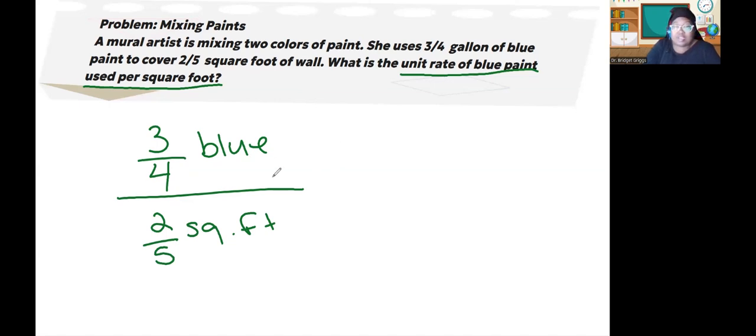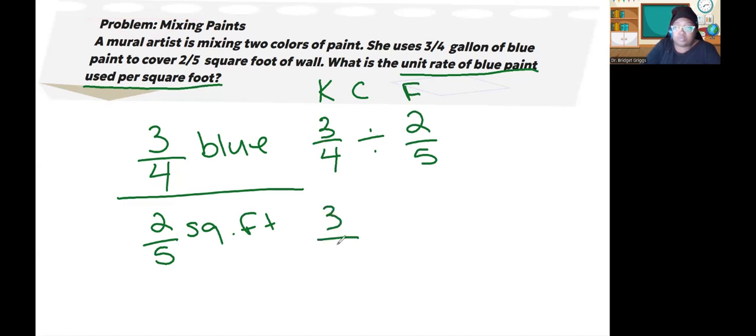If we were to write this out not like a fraction, we would do 3/4 divided by 2/5. We would do keep, change, flip. So we're going to keep the 3/4. We're going to change the division to multiplication. And then we're going to flip 2/5 or multiply by the reciprocal, which is going to be 5/2.